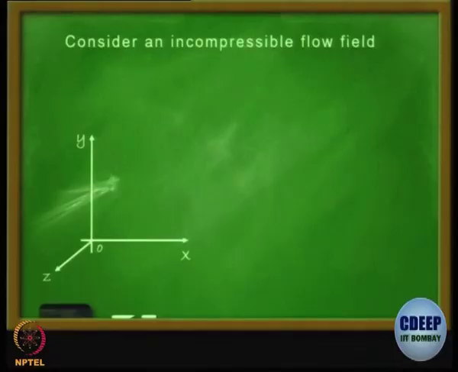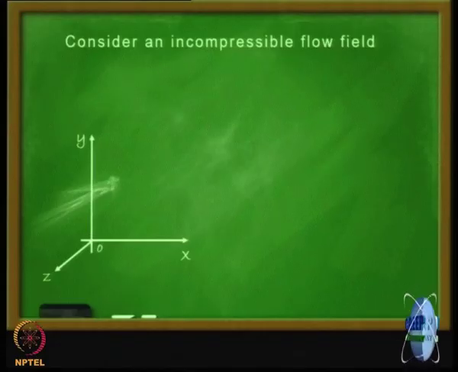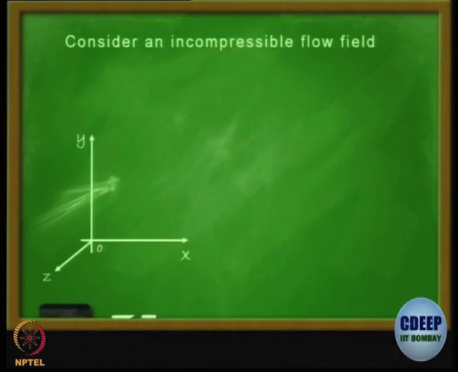So let's see by an example. So we assume an incompressible flow field. The moment we assume this, remember that the total derivative of density will remain constant.